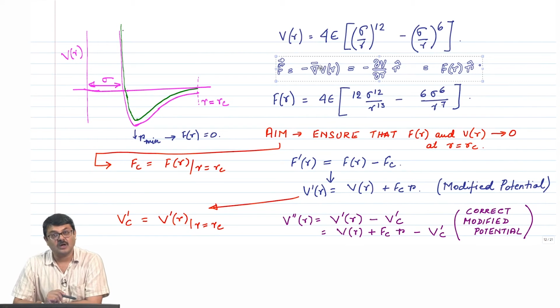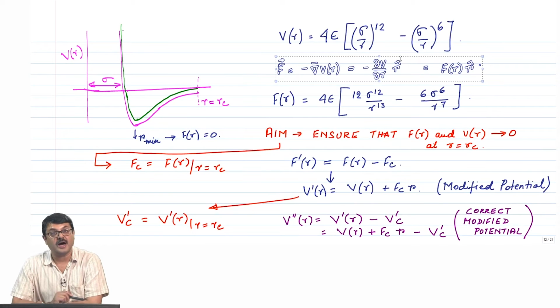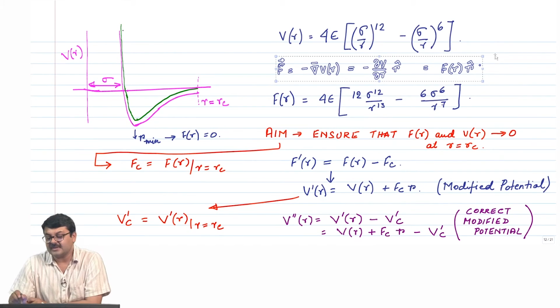Since this is not a theta dependent or a phi dependent potential, the expression for the force is just minus del V del r into r cap, r cap being the unit radial vector. Of course, I have written the expression in spherical coordinates, and so that can be written as the magnitude of the force f of r into r cap.